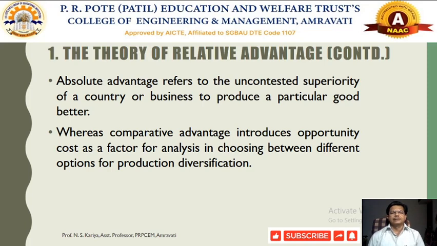So in the case of comparative advantage, there will be particular criteria with respect to the opportunity cost. What will be that opportunity cost that should be considered for that particular nation?